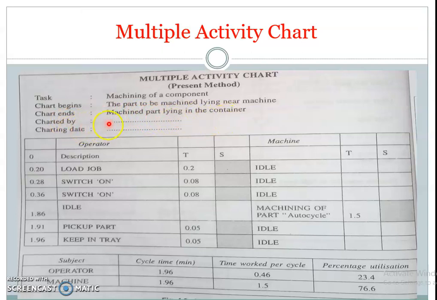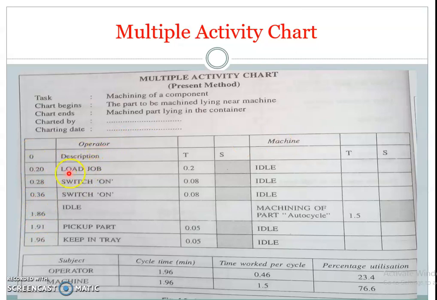We will have to describe who has prepared this chart and its date. Here the activities of the operator and the condition of the machine are mentioned. T stands for time scale, S stands for status, and these are the two subjects here, and this is the cumulative time cycle.